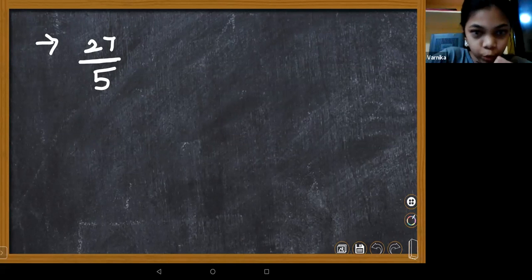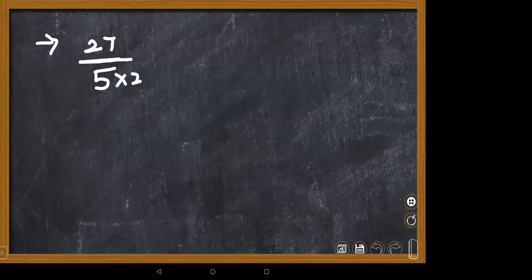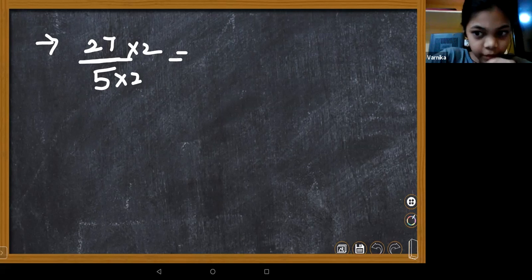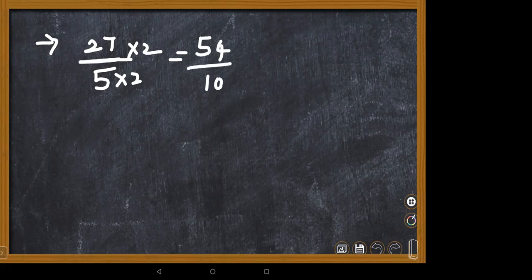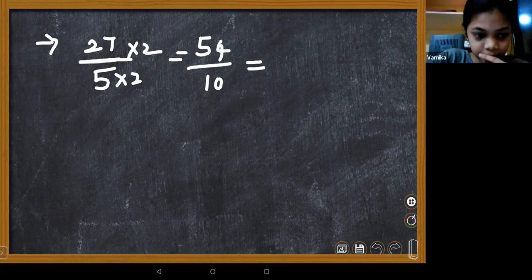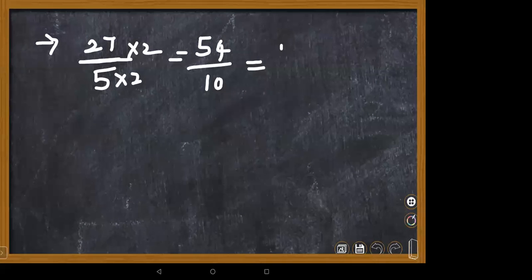Ma'am, by 2. Very good. So 27 twos are how much? Ma'am, 54. Very good. It's 54 divided by 10. So 54 by 10 can be written as 5.4, ma'am. 5.4. This is one method, Nana.